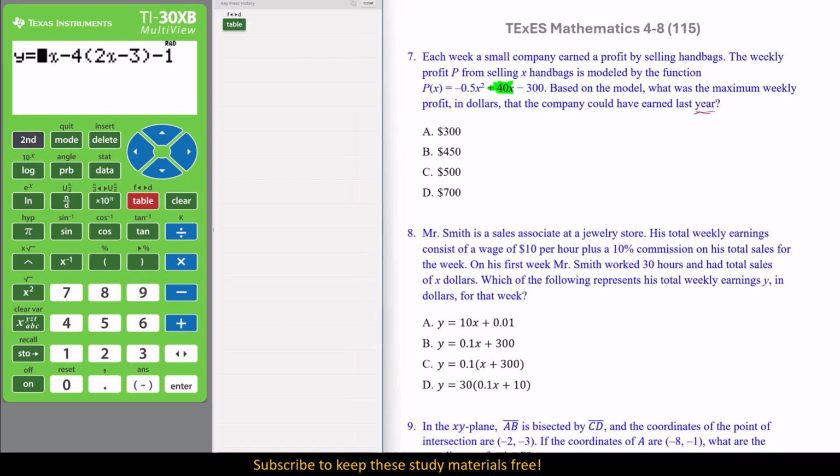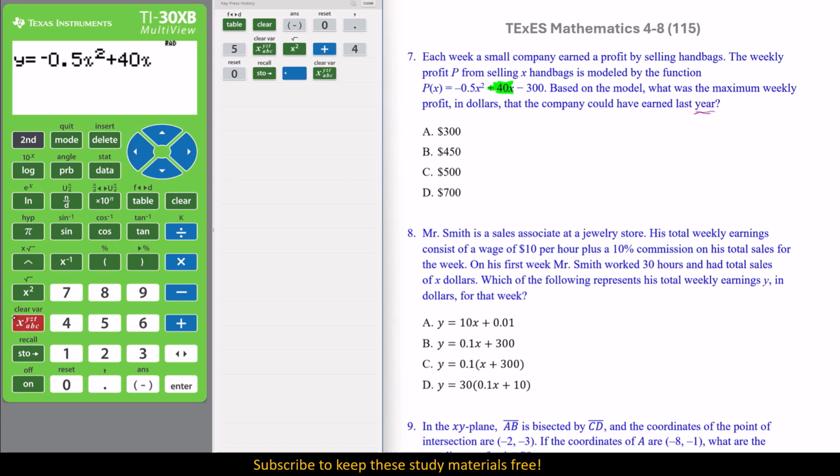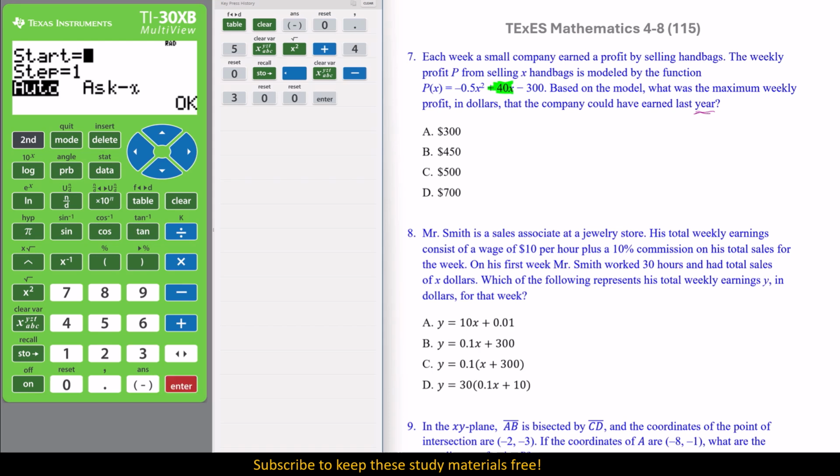Let's push table, clear out whatever we have there, and type in exactly what you see. Negative 0.5x squared. It arrows over for us automatically. Plus 40x. Oops, that should be x, not store. And then minus 300. Okay, push enter.